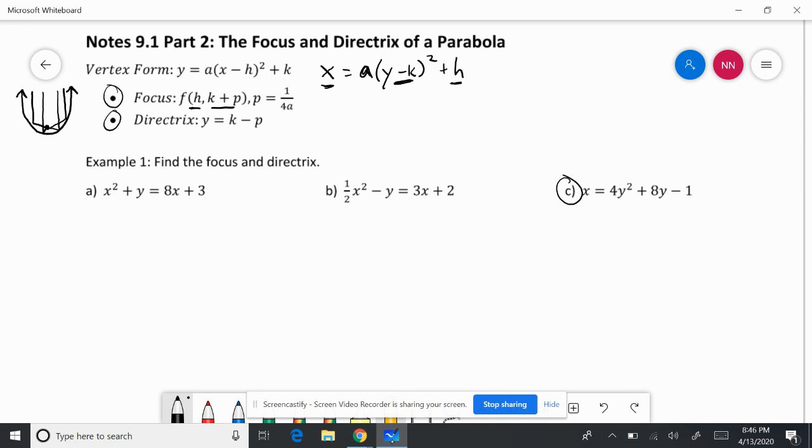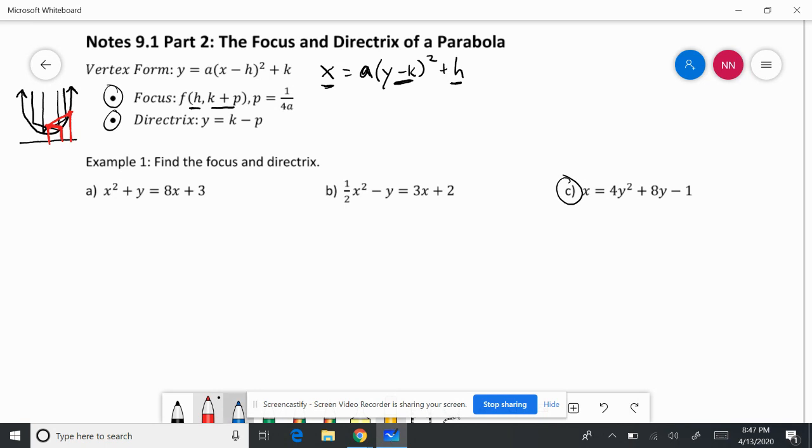The directrix is a line that is equidistant from the focus to the parabola. So if this distance right here, the focus to the parabola, is also the same distance as the directrix to the parabola, then this distance right here is also the same as that distance right there. And that's the relationship between the two.